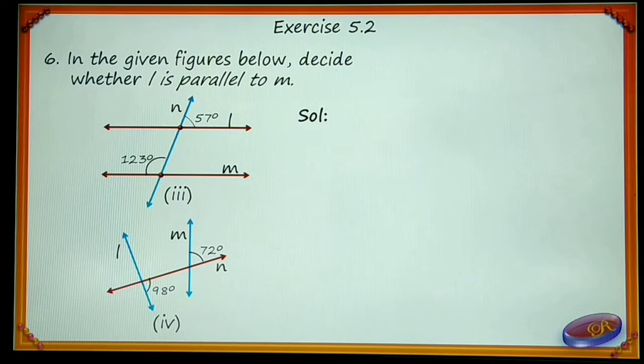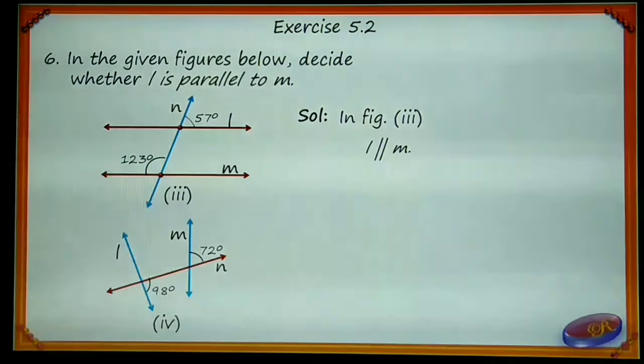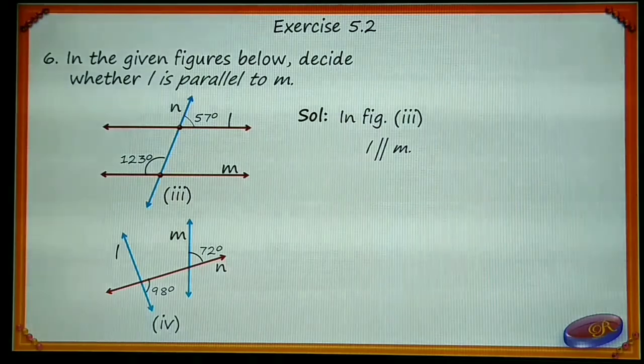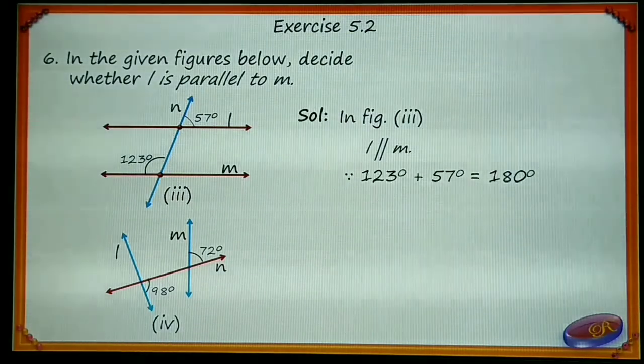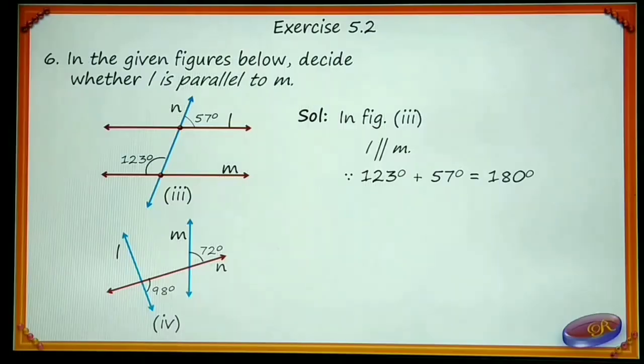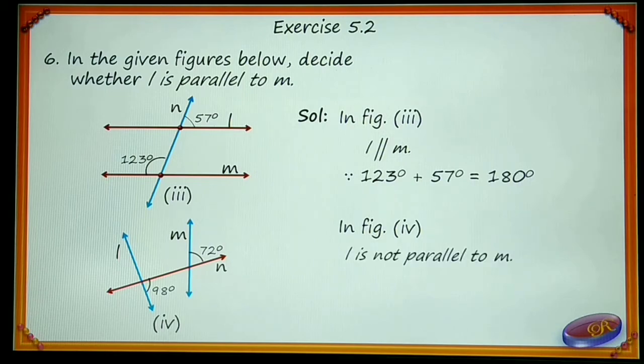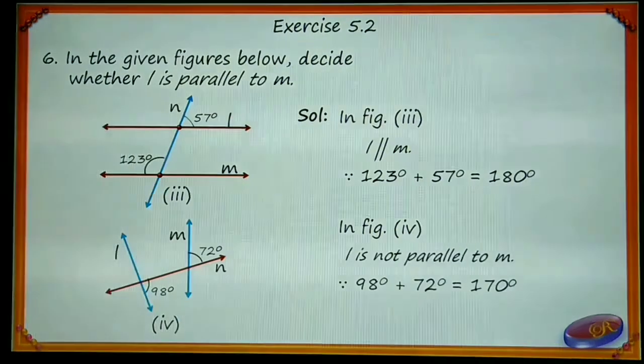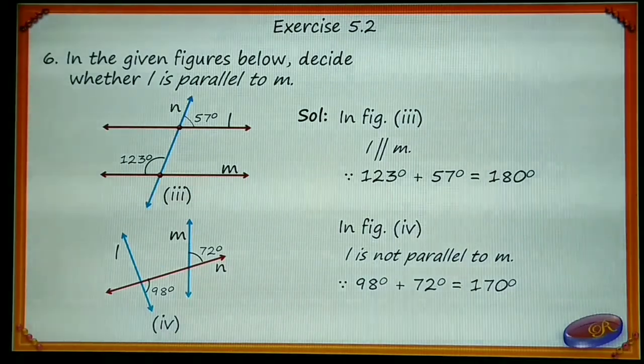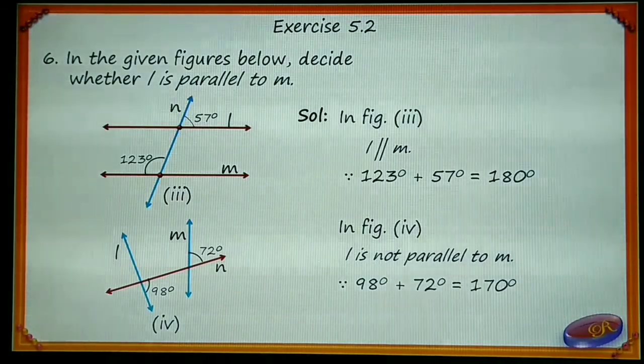In figure 3, L is parallel to M because 120 degree plus 57 degree is equal to 180 degree. In figure 4, L is not parallel to M because 98 degree plus 72 degree is equal to 170 degree.